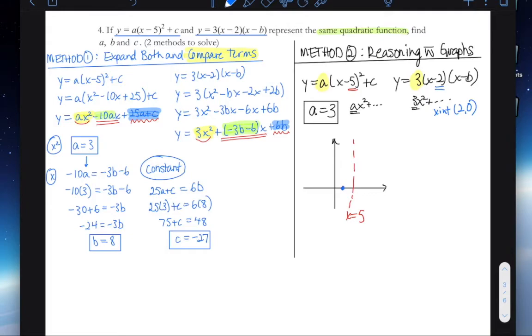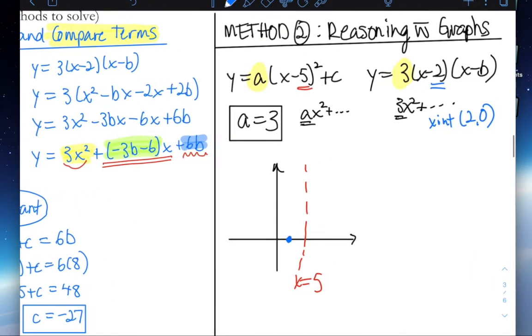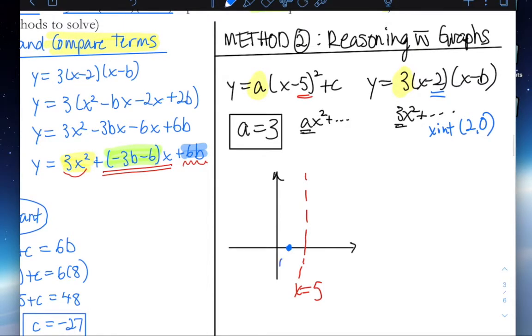So I'm going to put that here. Since (2, 0) is 3 units away from x equals 5, my next x-intercept has to be 3 units away also from x equals 5. That tells me that my other x-intercept is at (8, 0), which means, therefore, that b equals 8.